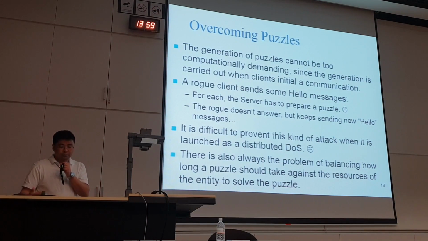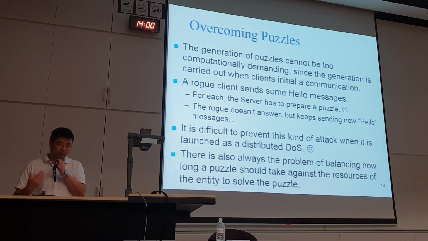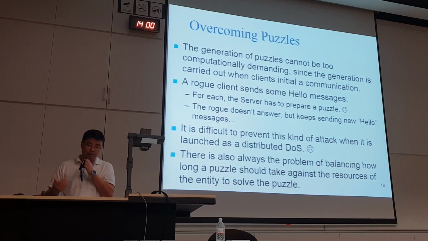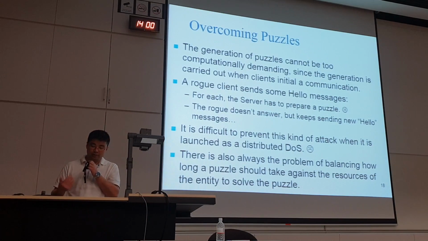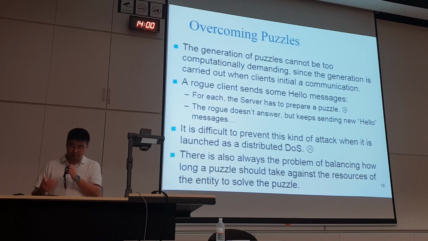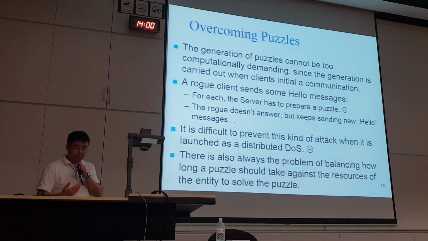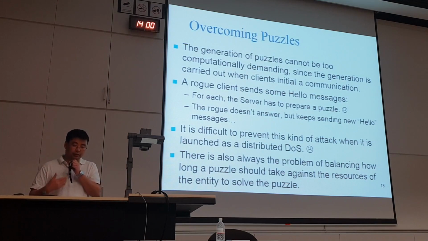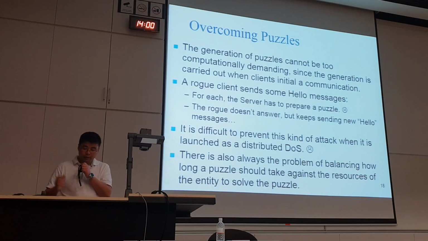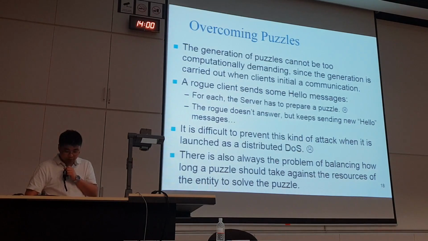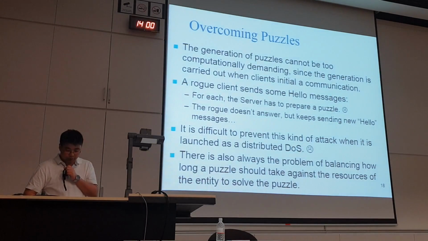Of course, although I said we only require very little computation, we still need some computation. The total amount of computation is not zero. So if the server indeed receives a huge amount of client puzzle requests, there may still be a potential issue with denial of service attack.